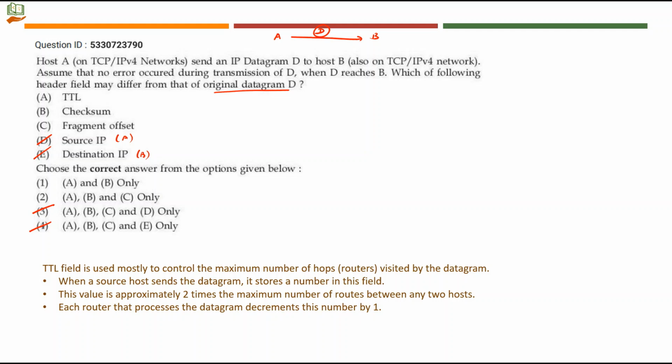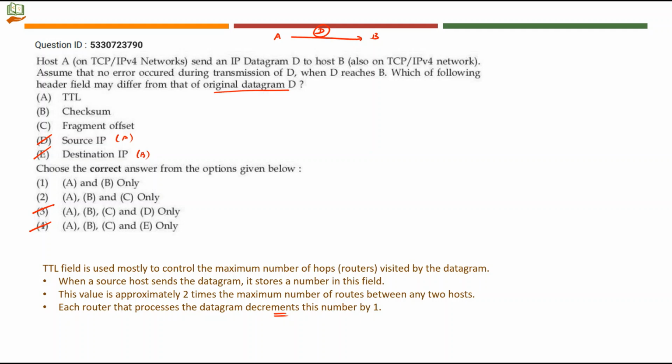So every time the value gets decreased during every hop, and when this number reaches 0, it understands that it need not be sent further. From this, what you can understand is TTL will change, because every router will decrement the number, meaning every time the number of hops will get reduced.